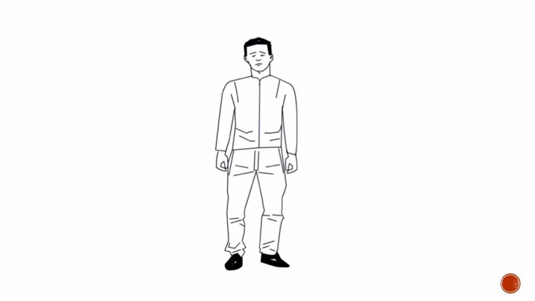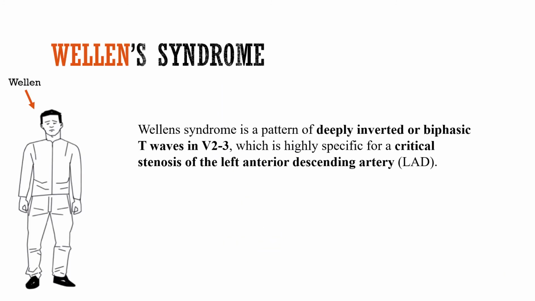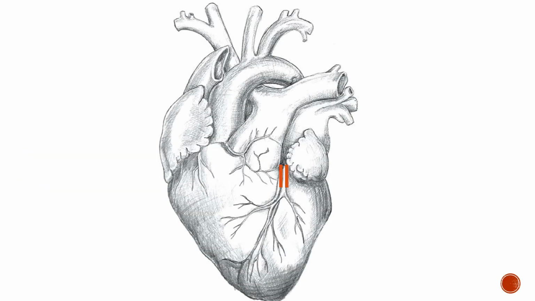Let's start with Wellen, which stands for Wellens' Syndrome. Now, Wellens' Syndrome is a pattern of deeply inverted or biphasic T waves in V2 and V3, which is highly specific for a critical stenosis of the left anterior descending artery, as you can see here.